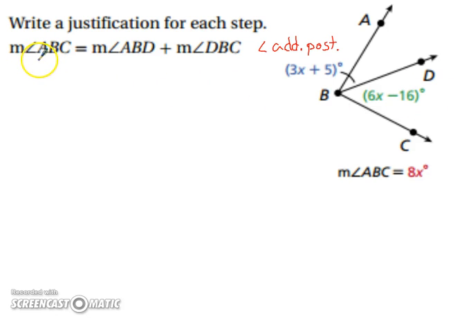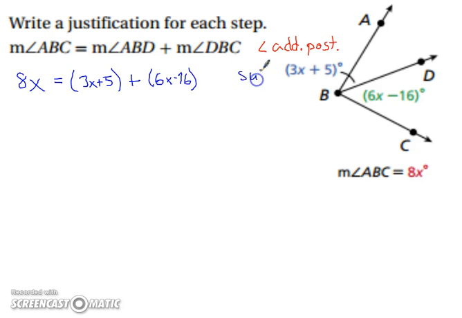So we have the measure of angle ABC, which they give us here is 8x, equals, and then we have the measure of angle ABD, which is 3x plus 5, plus the measure of DBC, which is 6x minus 16.